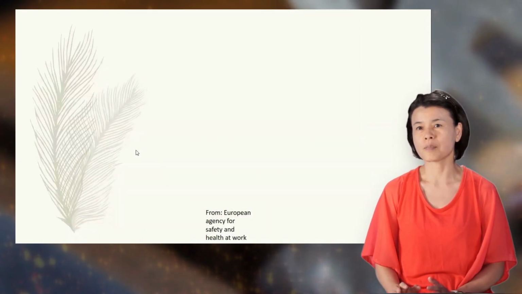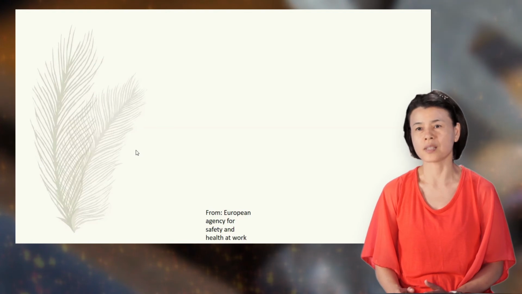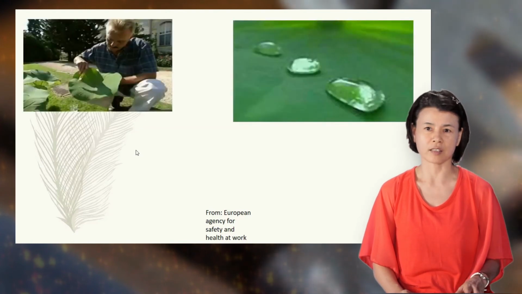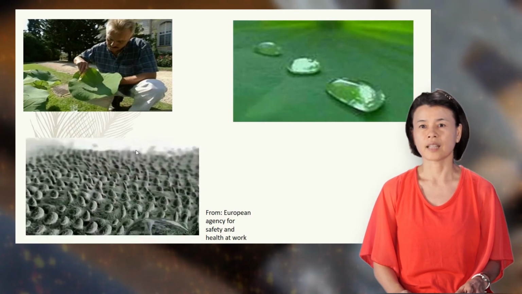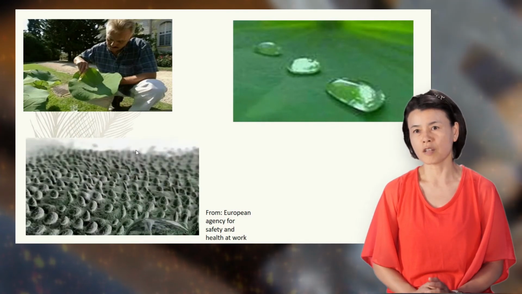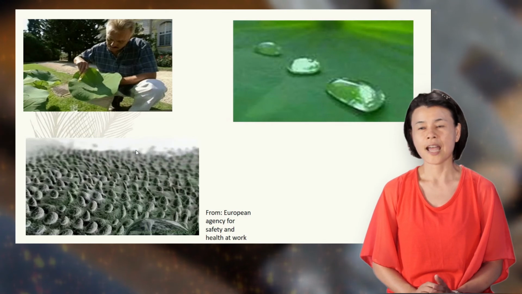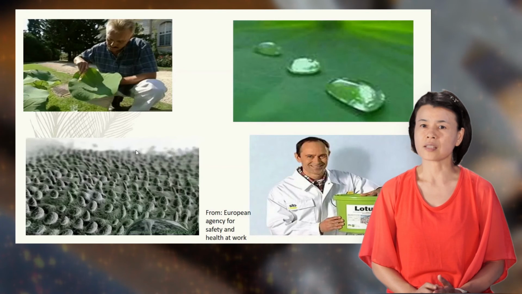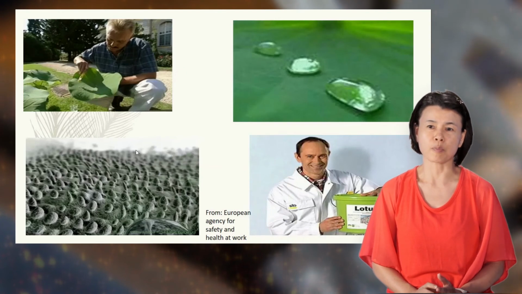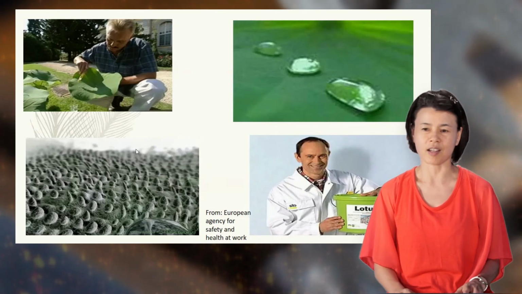Another thing which makes nanomaterials famous is the lotus effect, like the photos on the top. Again, it is because the surface of the lotus leaf has many nanostructures. This effect is so useful and has products available on the market.